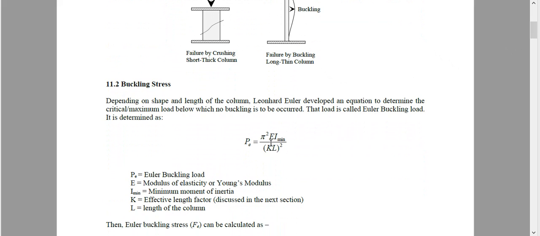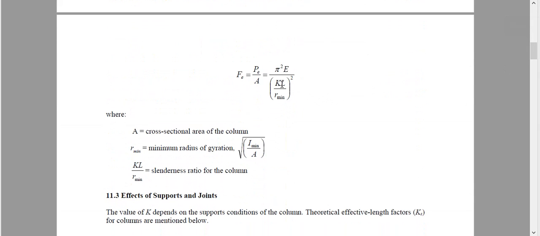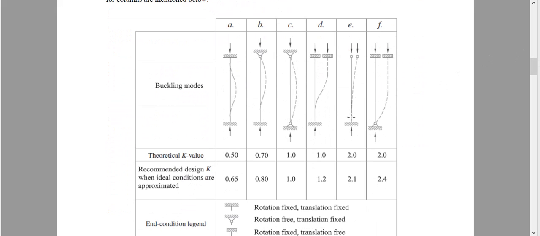This is the equation. We need I minimum and K. K is critical, and for the stress equation we need R minimum. So every time we need I minimum or R minimum, the least moment of inertia or least radius of gyration. Number 2 is the K, which is the effective length factor. How to find it? Depending on the support condition, you can pick your value.